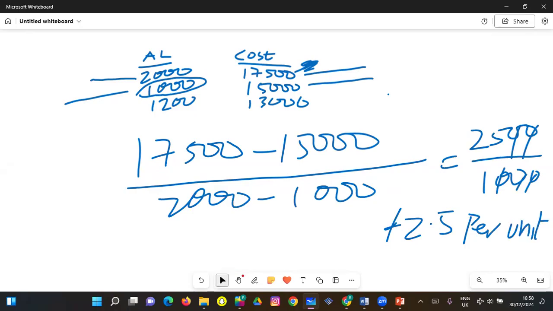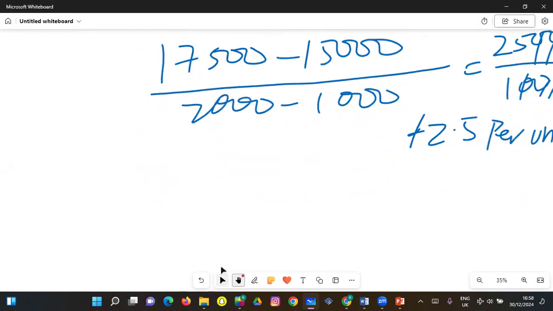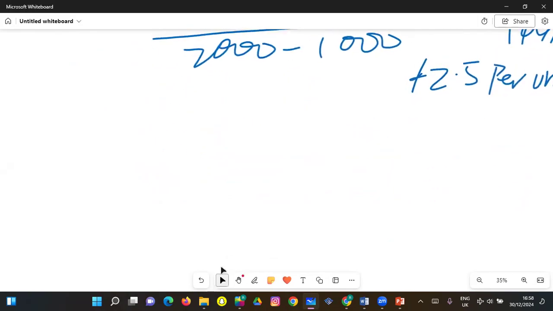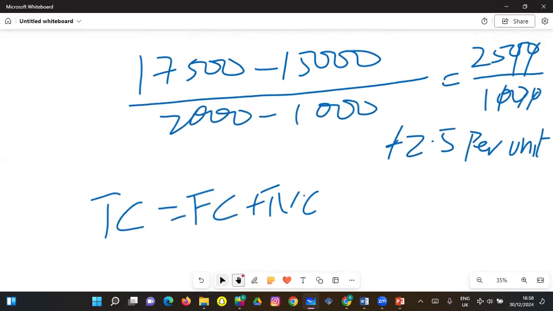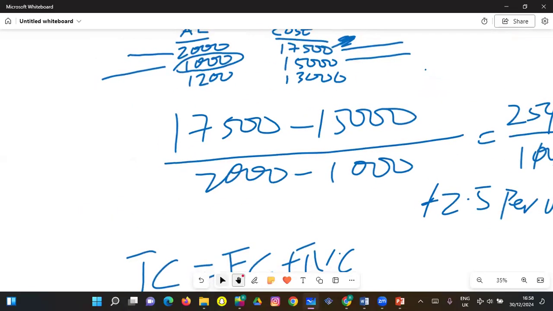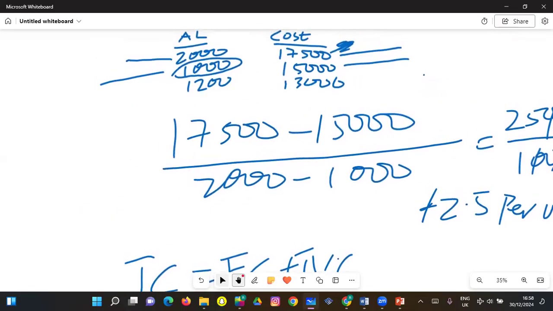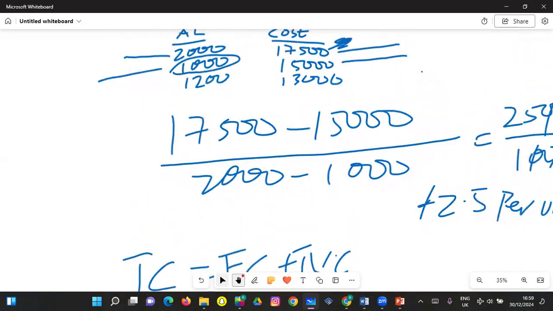Right. So after doing this, remember our total cost function, which is TC is equal to fixed cost plus variable cost. Total fixed cost plus total variable cost, right? So now we just have to take one of the activity levels and then its cost. We can use either the highest activity level or the lowest activity level.